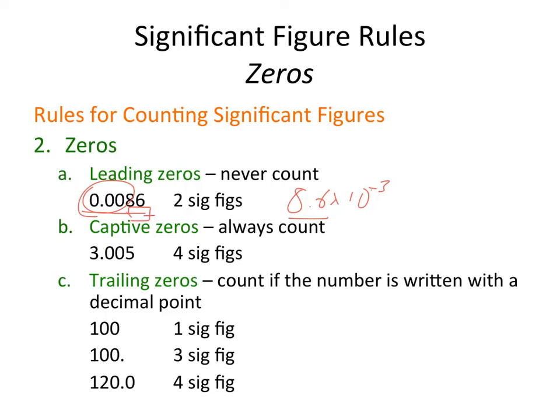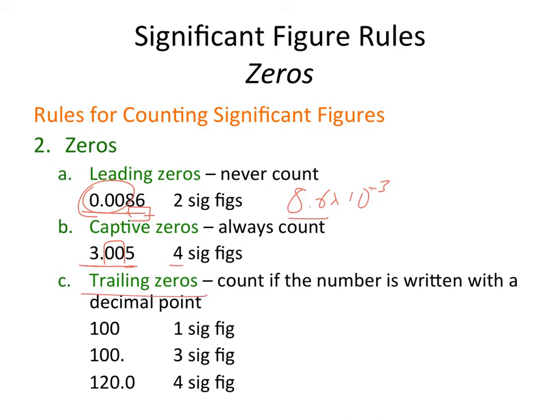So leading zeros are just placeholders, and they never really count. Zeros that are in between 2 non-zero integers are always significant. Here we have 2 zeros trapped between a 3 and a 5. Those count, so altogether we have 4 significant figures.